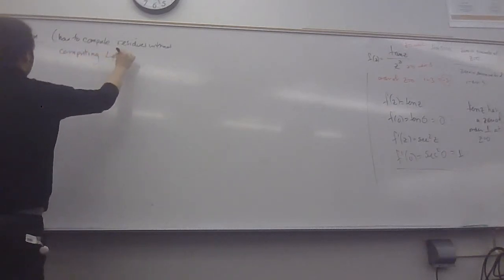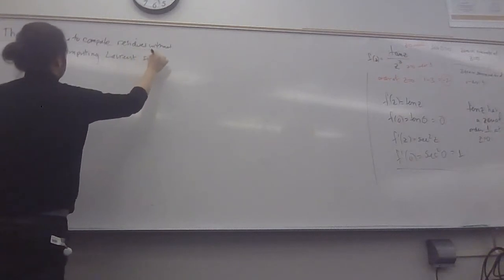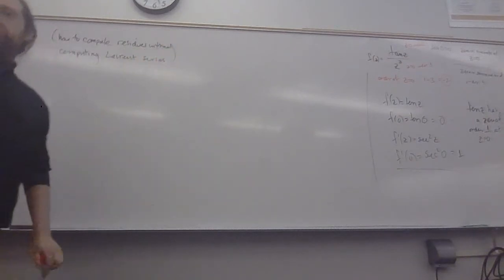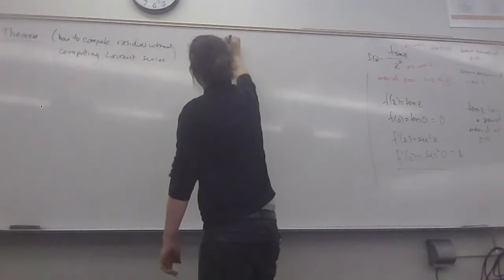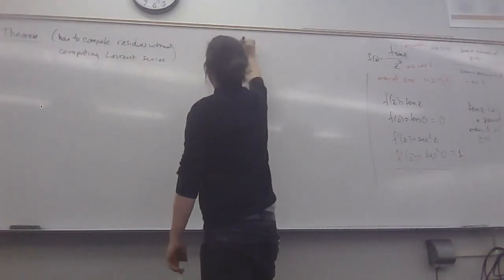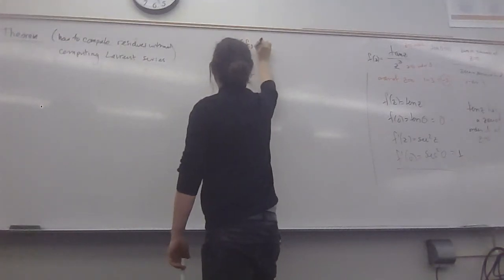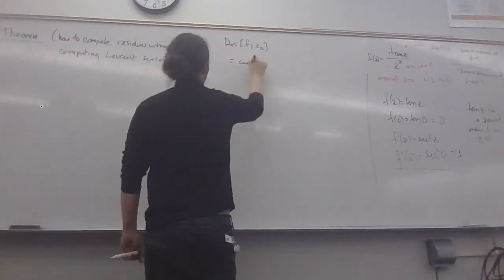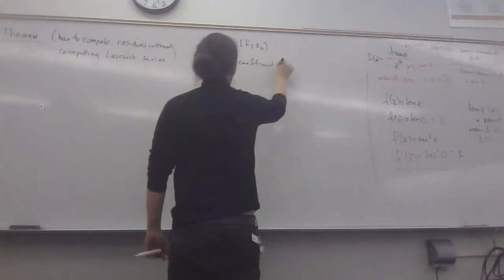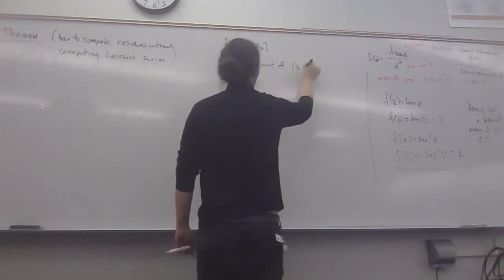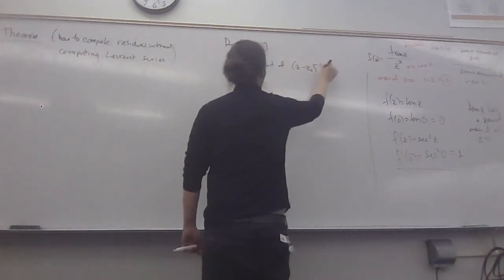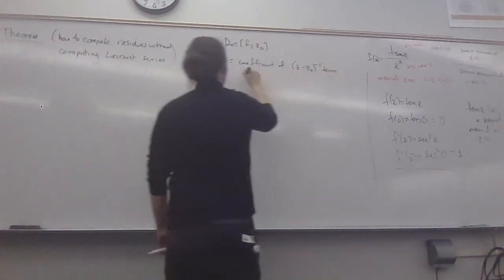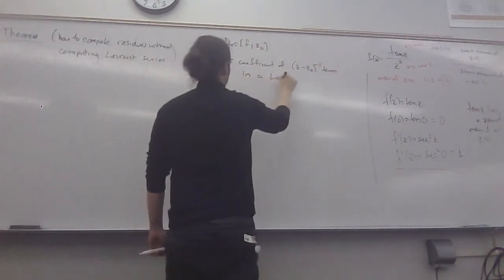Someone remind me what a residue is. What is a residue? Coefficient of the minus 1 term. Yep. So the residue of f at z naught is equal to the coefficient of the z minus z naught to the negative 1 term in a Laurent series.